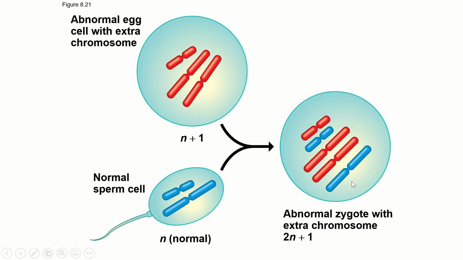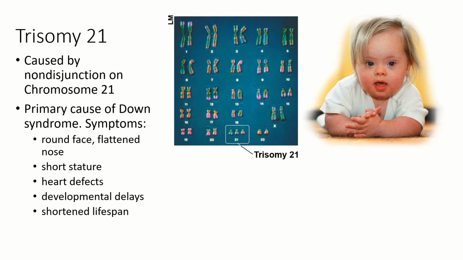So this cell is going to be able to do mitosis normally. The problem comes when the genes are sending signals for how the embryo should develop. Then you may have too many signals being sent, and that can result in abnormal development and a miscarriage.